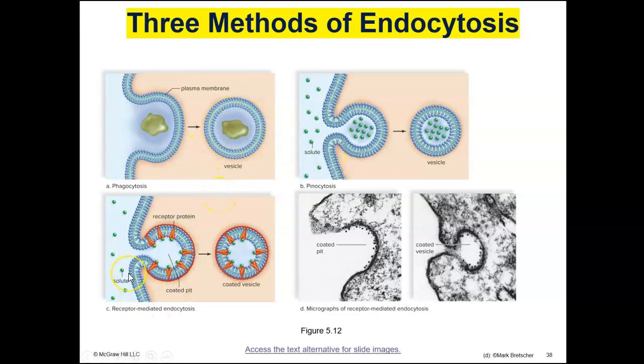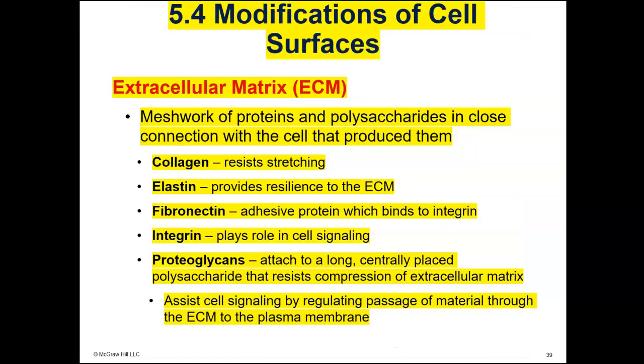And as you can see, receptor-mediated means that the particles being brought into the cell combine with receptors on the plasma membrane, and then they form a vesicle called a coated vesicle because it's coated with these receptors that have molecules bound to them. So that is specific for specific substances like cholesterol.